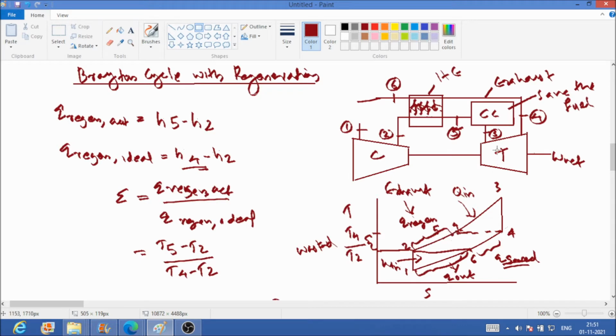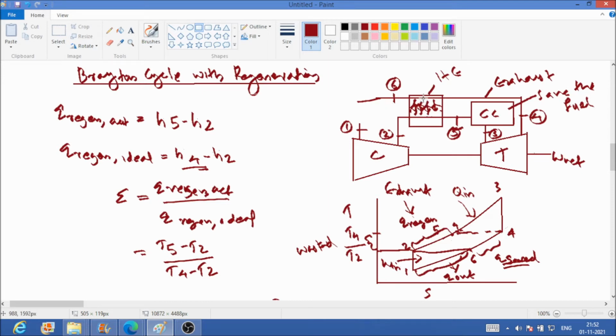Now from 5 to 3, that is combustion chamber. This is the heat input to the combustion chamber. And 3 to 4, it is in the turbine, the air is expanded. When it reaches the temperature T4, in the heat exchanger, that temperature T4 is reduced to T6.